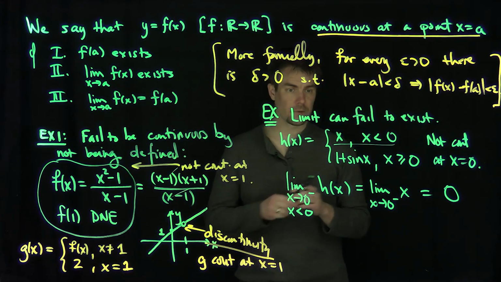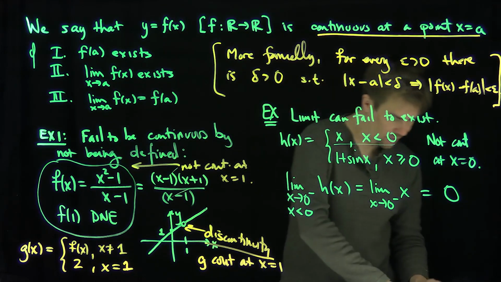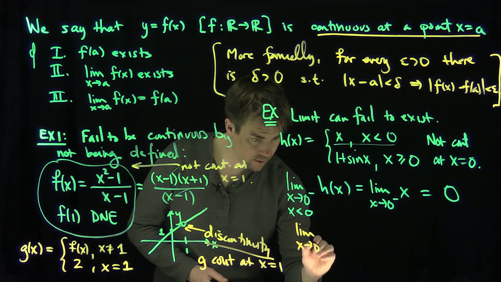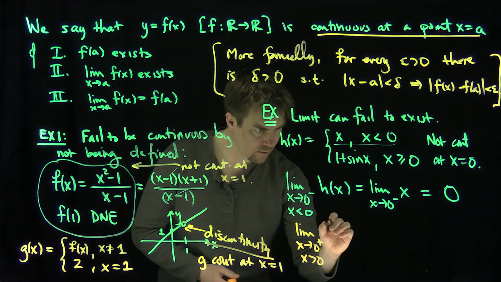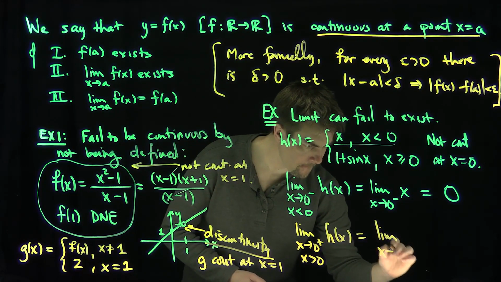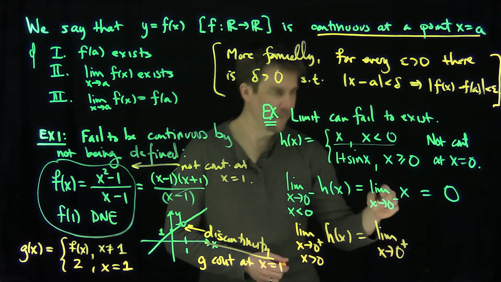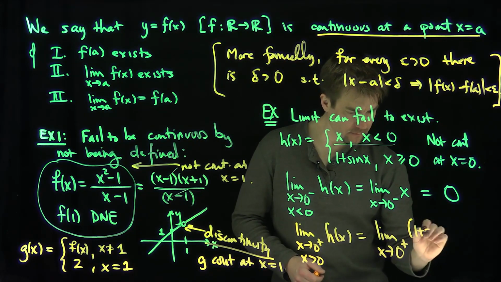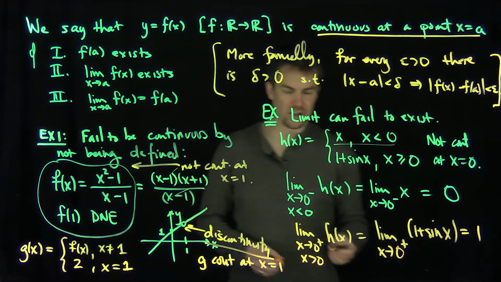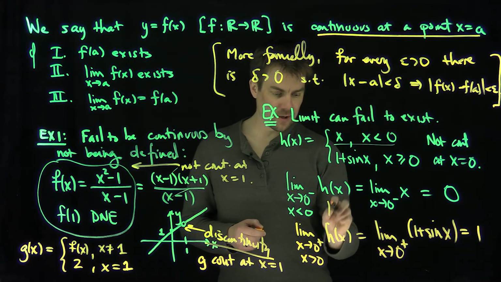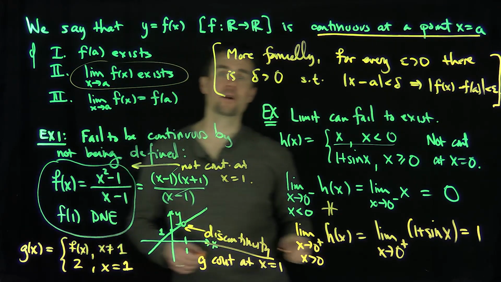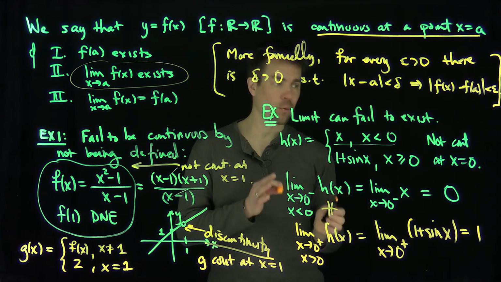However, if we look at the limit the other way, as x goes to 0 from the right, which means that x is greater than 0, our function h of x now becomes 1 plus sine of x. Since the sine of 0 is equal to 0, this limit is just equal to 1. So the limit from the left is not equal to the limit from the right, so the limit fails to exist. So this limit does not exist, so the function is not continuous at the point 0.